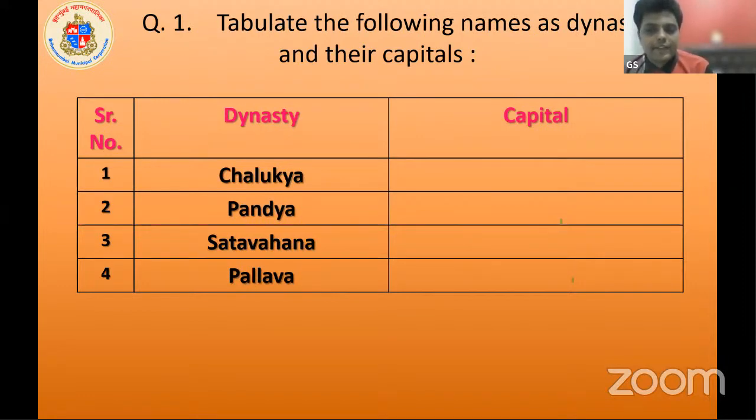So wait, let others get the chance. Capital of Satvahana dynasty. Pratishthan, Amravati. Pratishthan. Yes, you are giving this answer.